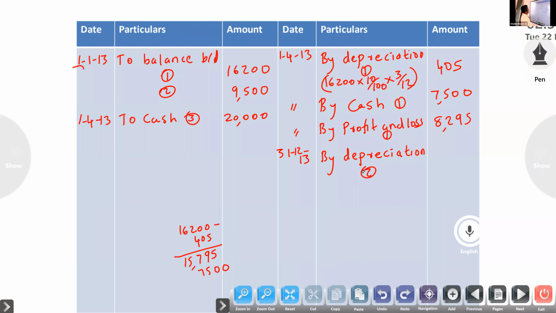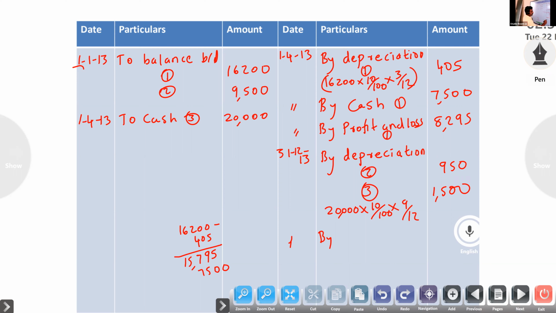On the second, 950: 9,500 into 10 percent. On the third, 20,000 into 10 percent into 9 by 12, 1st April to 31st December, so 1,500.